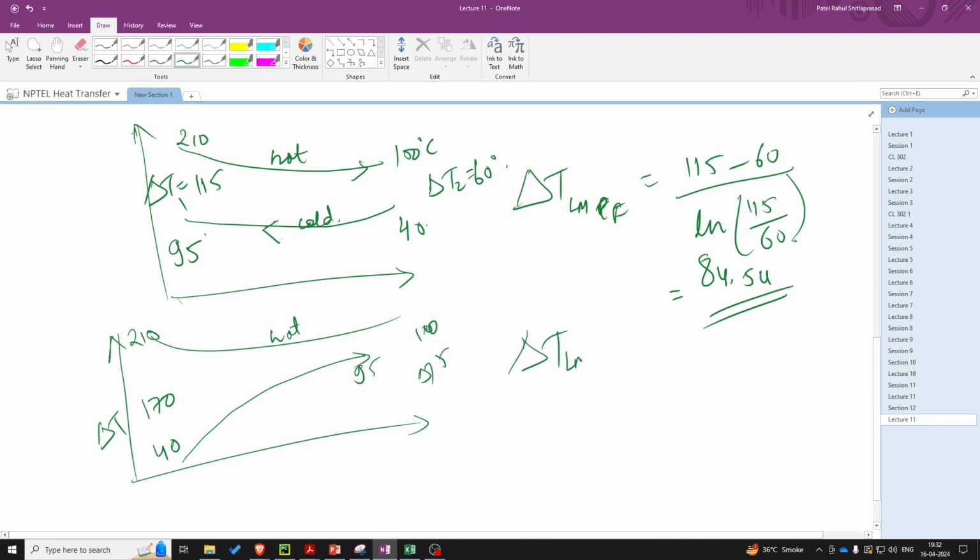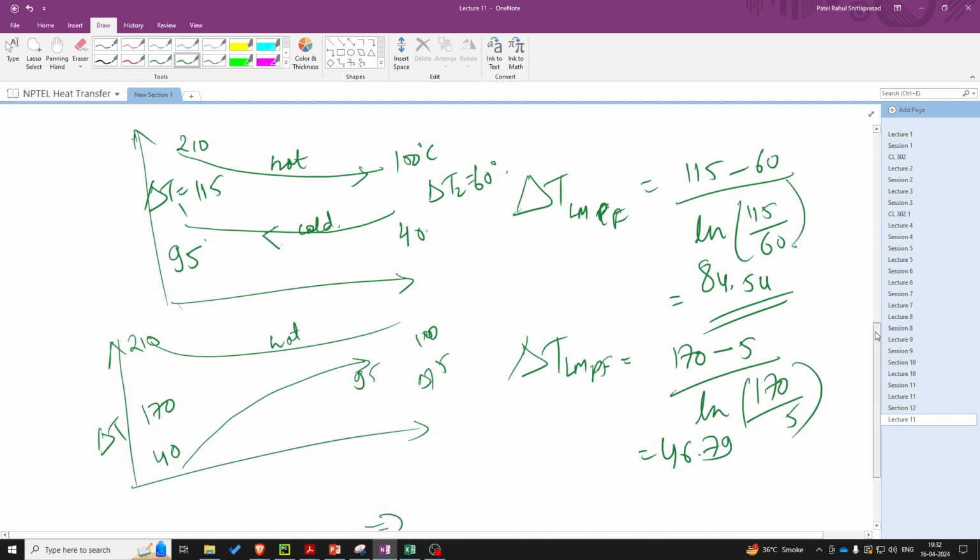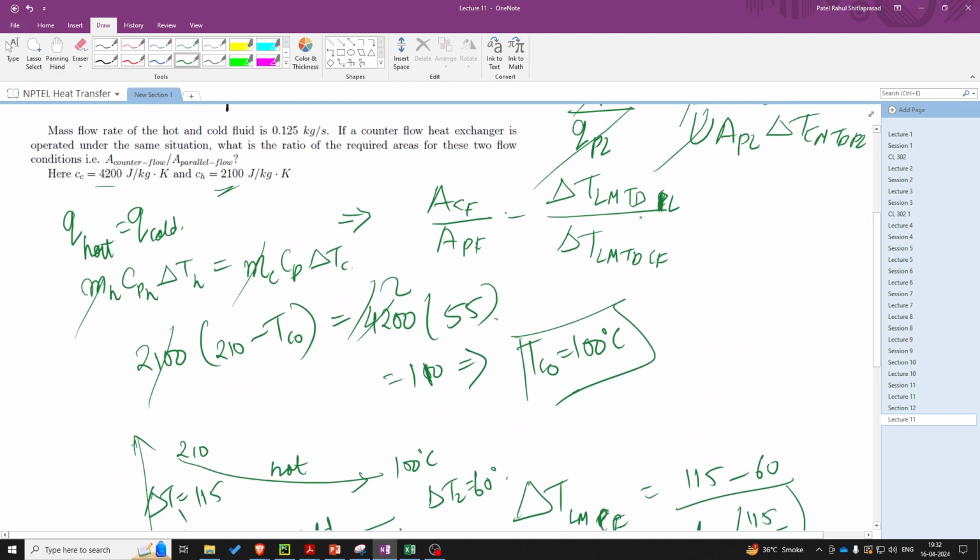So delta T Lm for parallel flow will become 170 minus 5 upon ln of 170 upon 5. So this will come around 46.79.